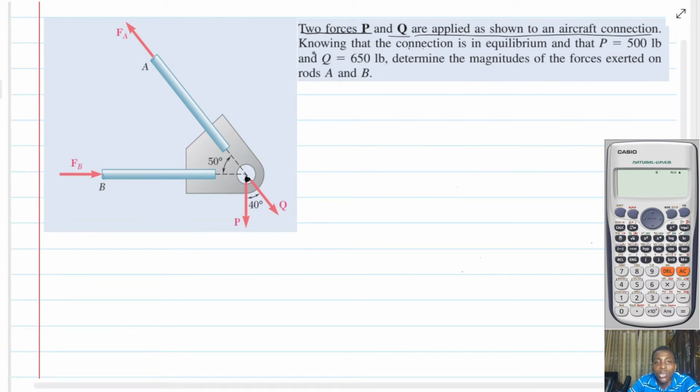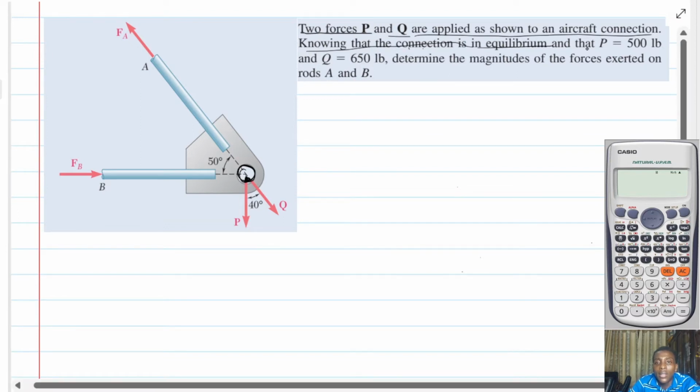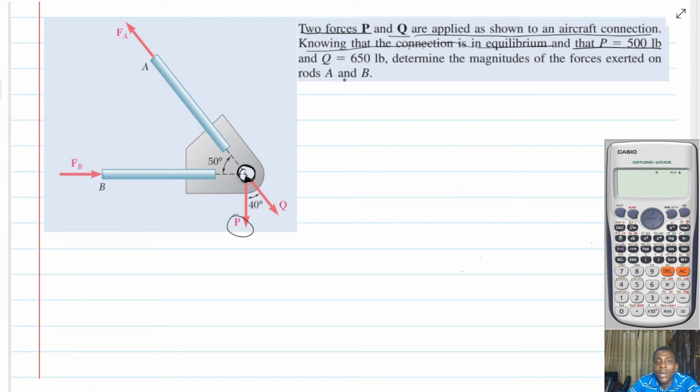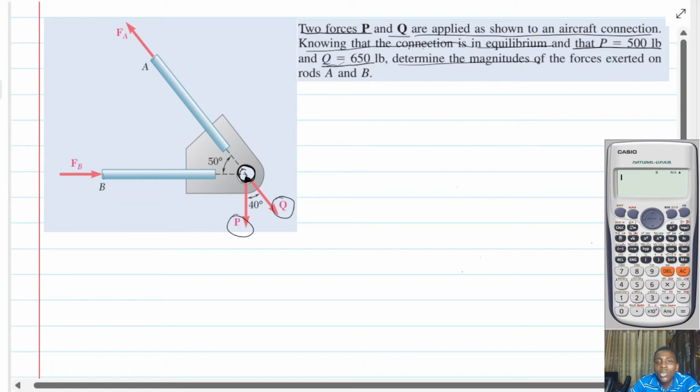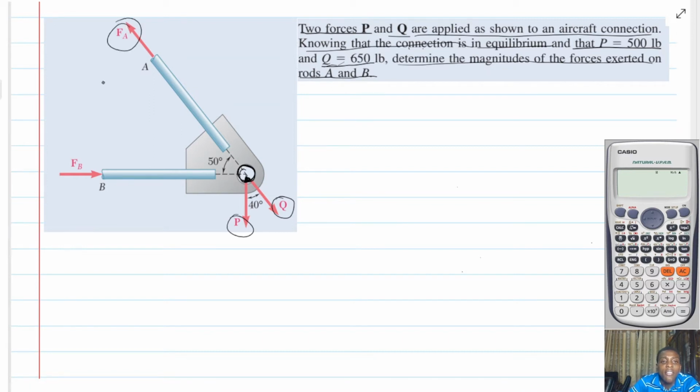Knowing that the connection is in equilibrium, and that P is 500 pounds and Q is 650, our task is to determine the magnitude of the forces exerted on rods A and B. Simply put, we should find FA and then FB.